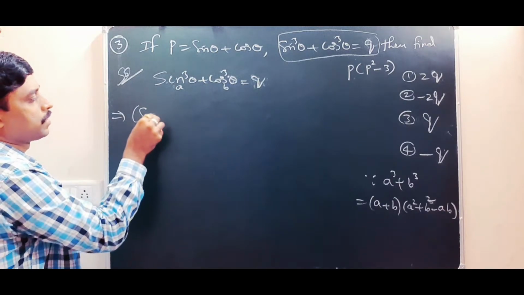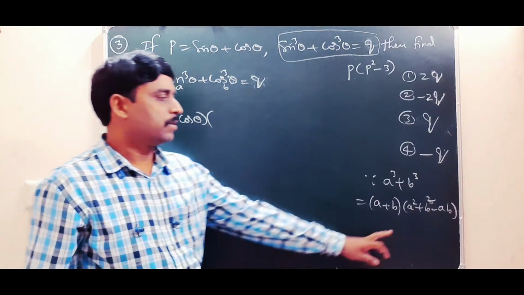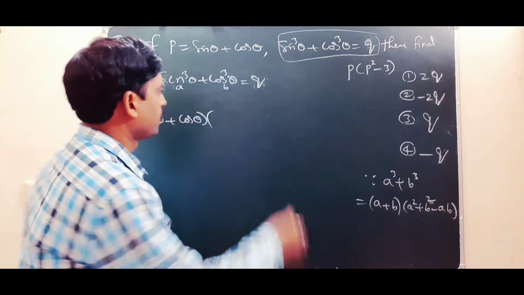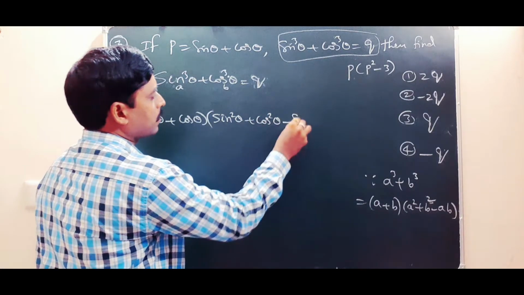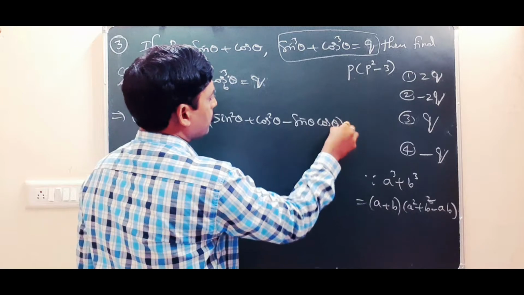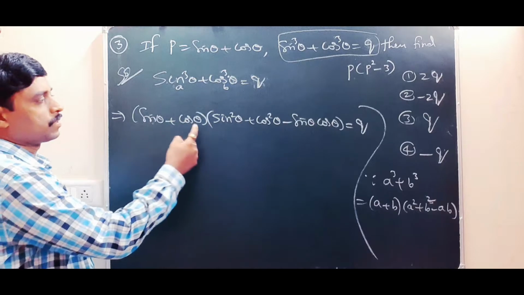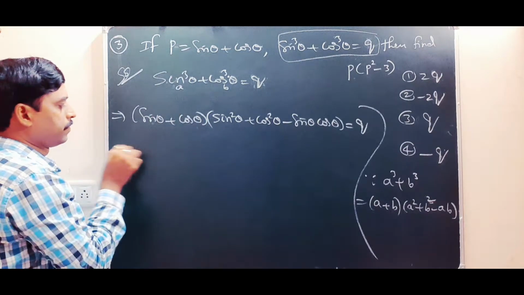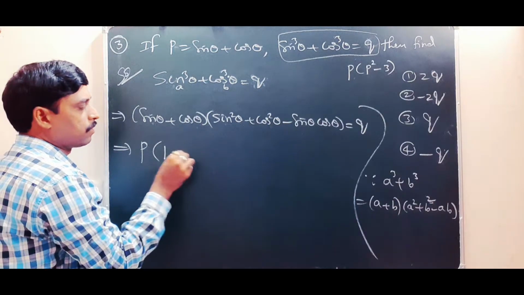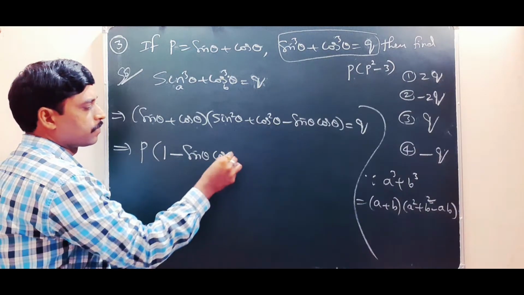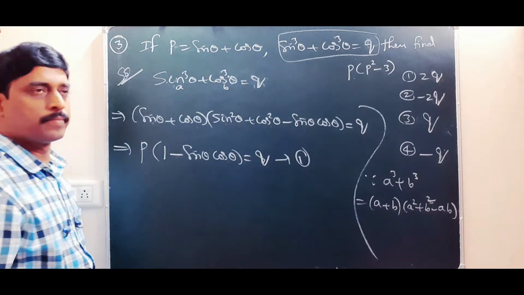So a plus b is sin theta plus cos theta, into, what is the formula? a square plus b square minus ab. A square is sin square theta, b square is cos square theta, minus ab, minus sin theta cos theta, equal to q. Okay. Sin theta plus cos theta value is given from statement p. P into sin square theta plus cos square theta, value 1, minus sin theta into cos theta is equal to q. So let us take this as equation 1.